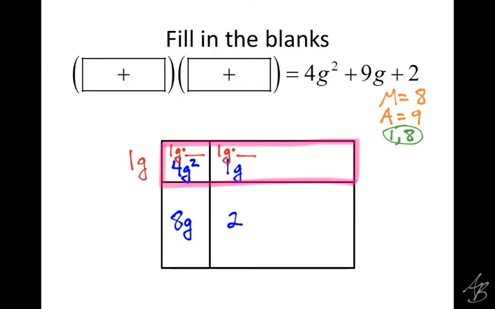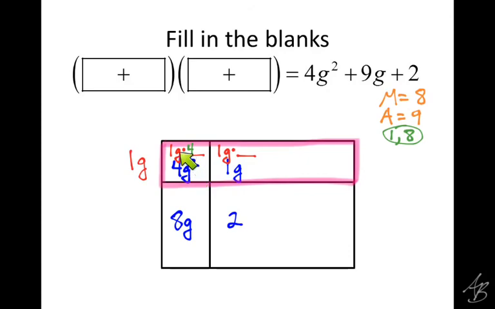Now that I know the heights of these rectangles, I want to find the width. The width is the number that I multiply by 1g to get 4g squared. What's that going to be? So we're going to multiply by 4, and then we have a g here, but we want to multiply by something to give us a g squared, so what else do I need?